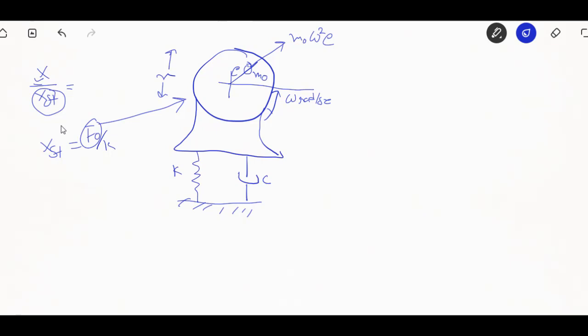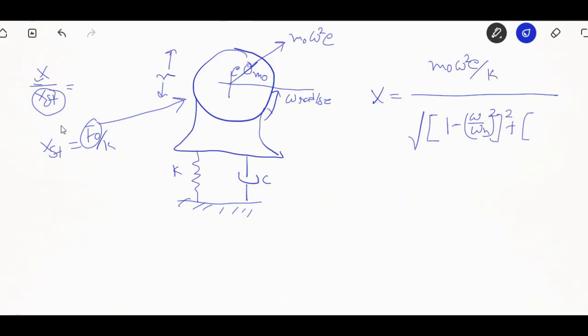So now we can see here that x is equal to, now that F naught has become m naught omega square e divided by k, and you can notice in all those formulas the basic part which remains in the denominator of the expression, which is 1 minus omega by omega n square, plus 2j xi omega by omega n.